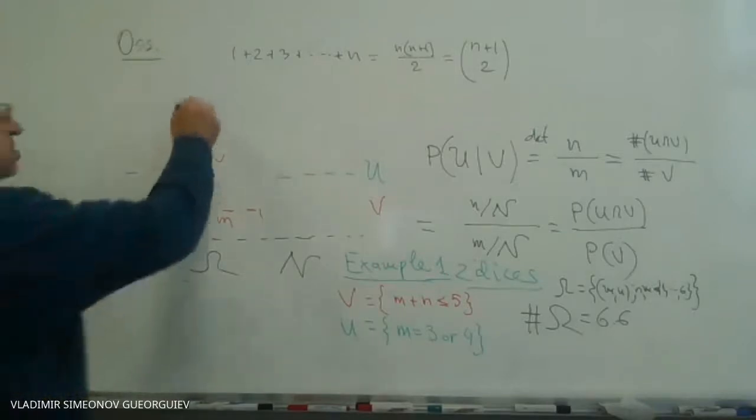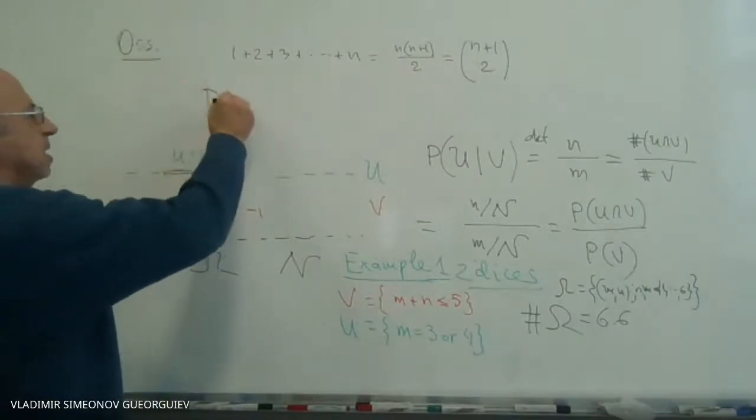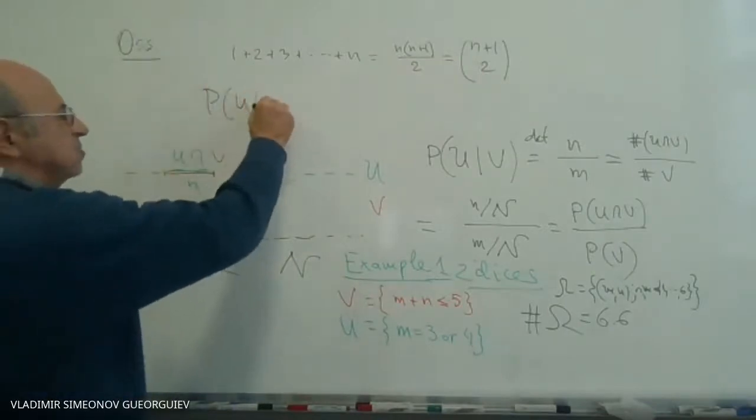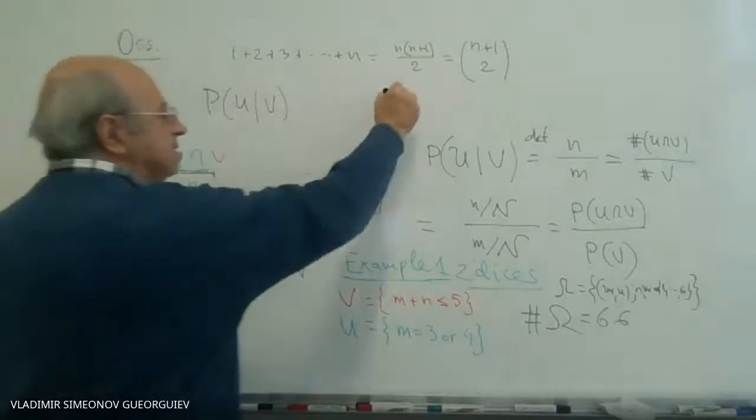Now, what is the relation between P of U under the condition V and the opposite?